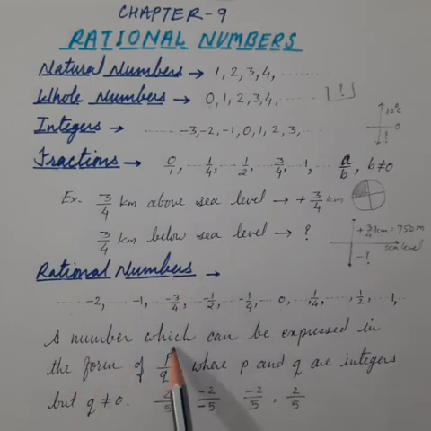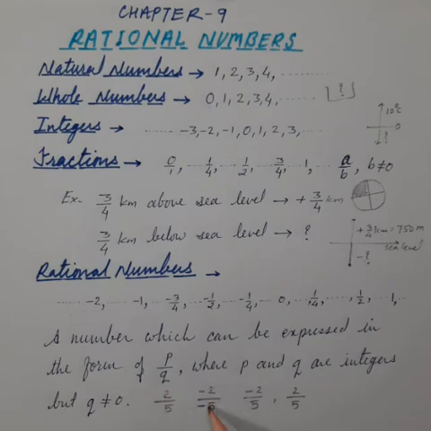So a rational number can be expressed in the form of P by Q. P is the numerator, Q is the denominator. P and Q both are integers, but the denominator Q should not be 0. Here both numerator and denominator may be positive integers.